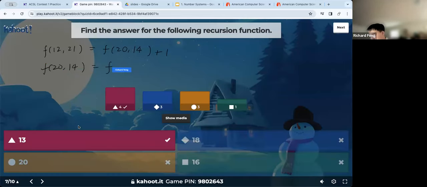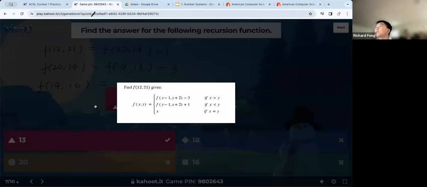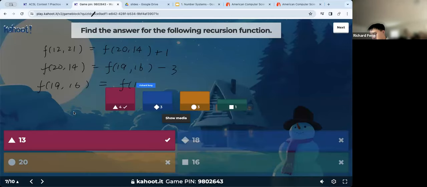F of 19, 16 minus 3. So 19 is greater than 16, so f of 18 minus 3.